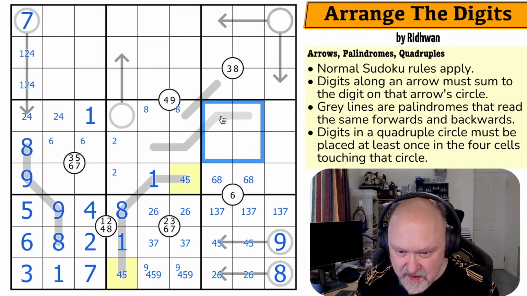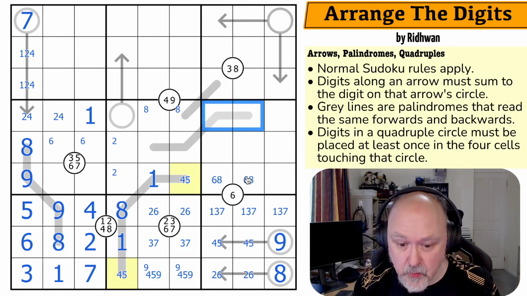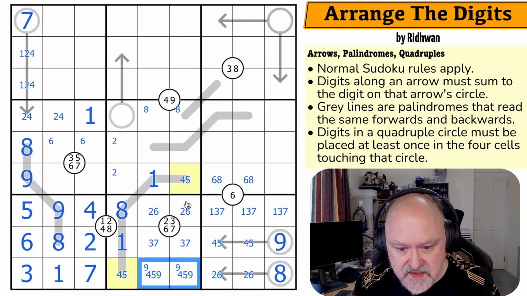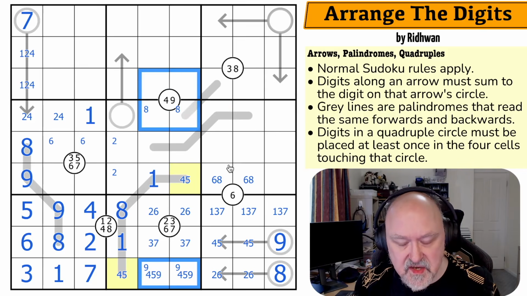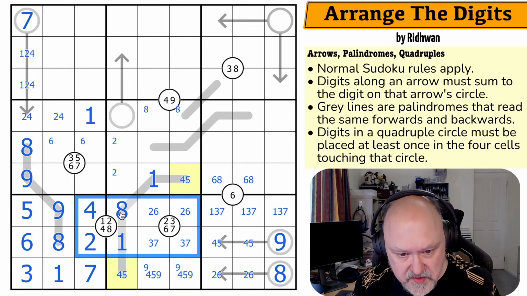9 is up here. Can 9 go on this palindrome? Oh, wow. 9 can't go on that palindrome. Because 9 is in those cells and it's in those cells. So it's the same as the quadruple trick with the 2s.